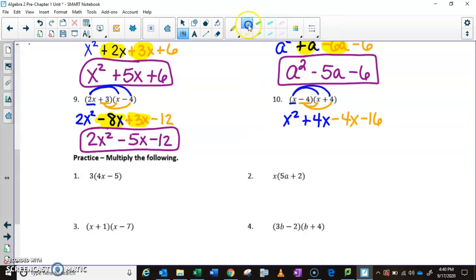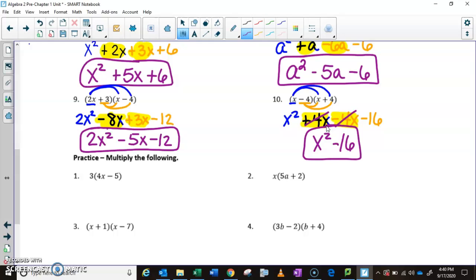Look for your like terms that you can combine. So I have a positive 4x, and we have a negative 4x. And when I go to combine a positive 4x and a negative 4x, they add out to be 0. So those terms will drop out of my equation, leaving me with x squared minus 16 for my expression.